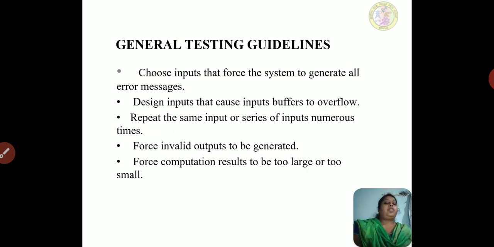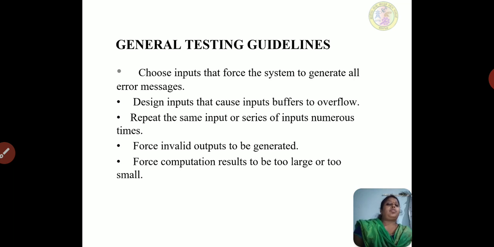Then we have to follow some general guidelines for testing. We have to choose a set of inputs that force the system to generate error messages. After the system is tested, we obtain a set of error messages. Then design the inputs to cause the buffer to overflow.